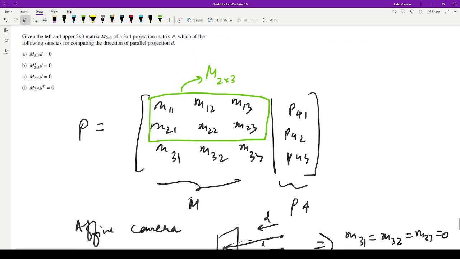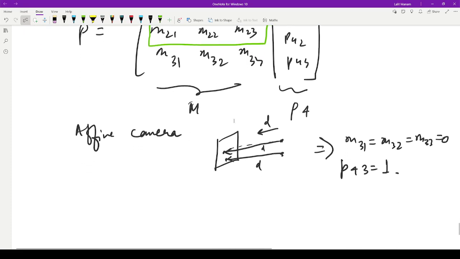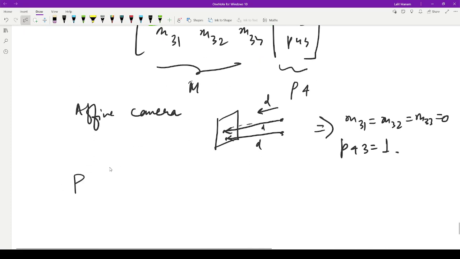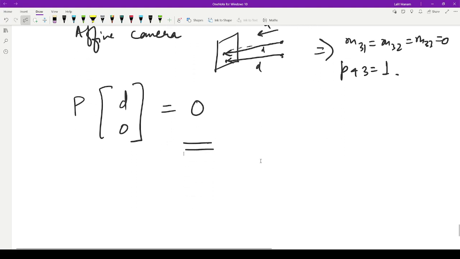Okay, so we are given a direction D. With the affine camera, if you are projecting along the direction D, this property holds: P times D0 should be 0.